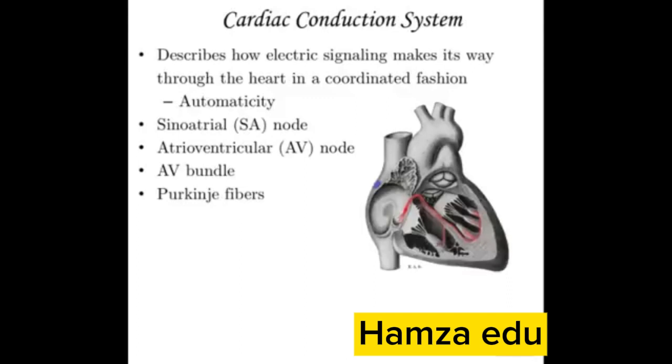A misconception some students have is that the cardiac conduction system is a bunch of neurons or nerves within the heart. That's not true. There are pathways within the tissue of the heart, within these muscle fiber tracts, that guide the electricity through it. That's described as the cardiac conduction system, and it describes how electrical signaling makes its way through the heart in a coordinated fashion.